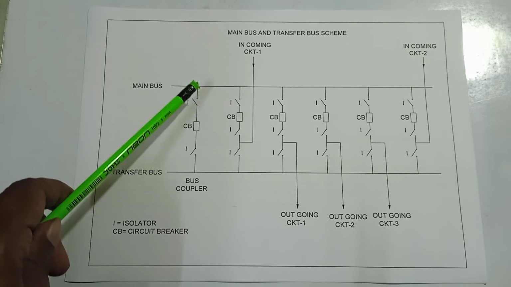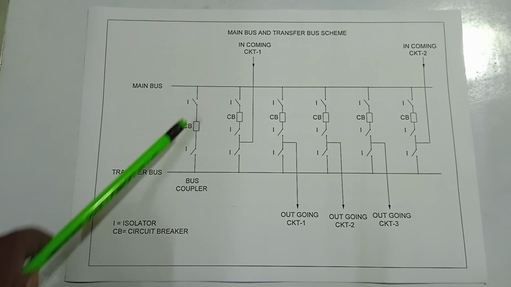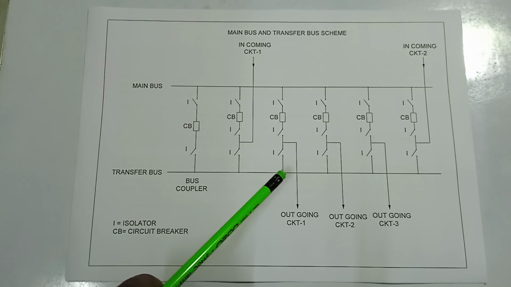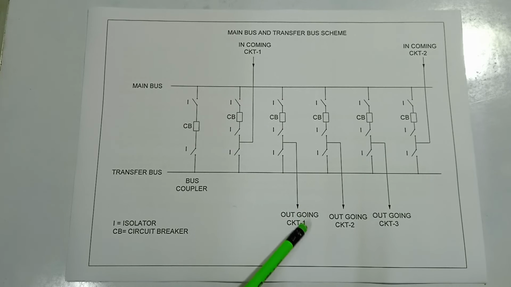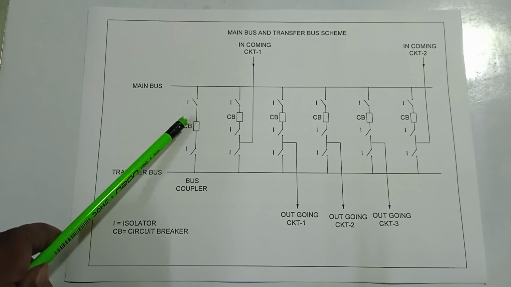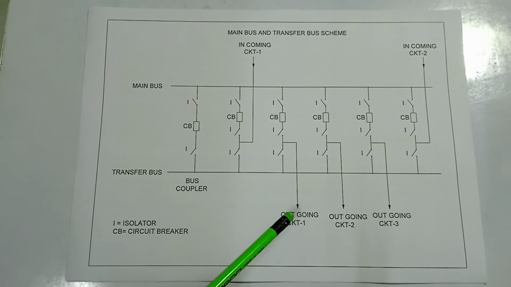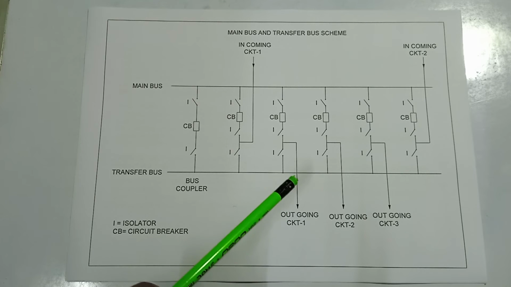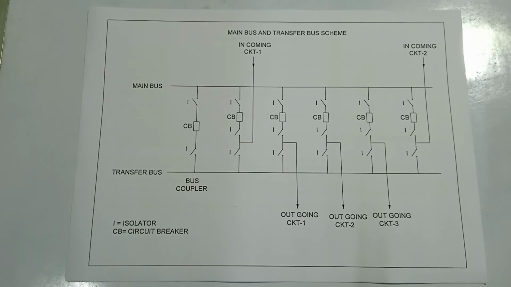Then the power is forwarded from the main bus to the transfer bus through the bus coupler and goes to this point, and through this closed isolator goes to outgoing circuit 1. These breakers are given to control the protection of this outgoing circuit 1. Thus the breaker maintenance of this breaker is done. Okay, next.